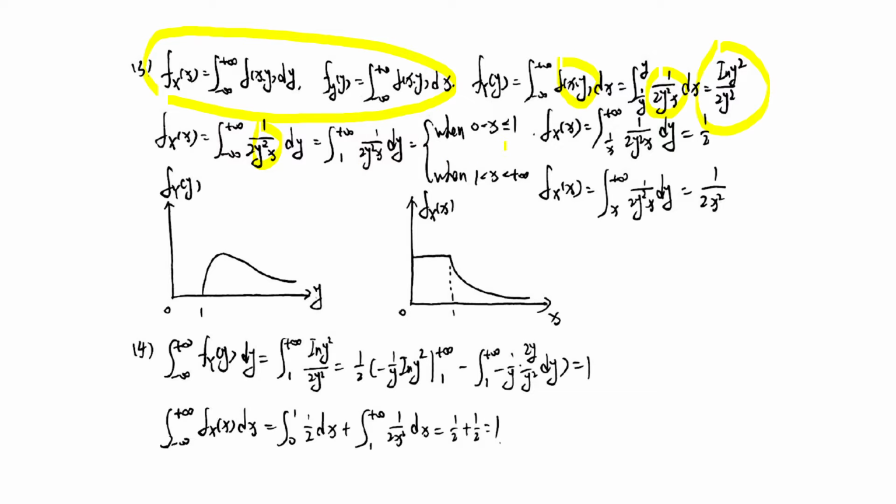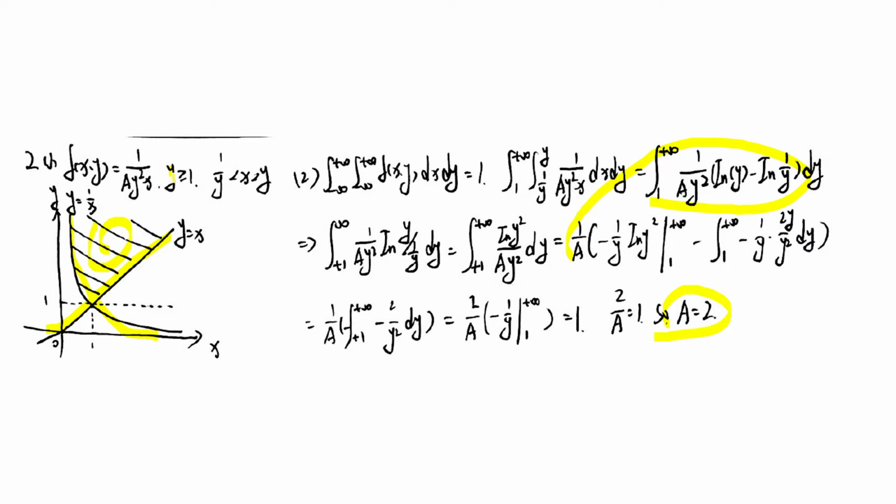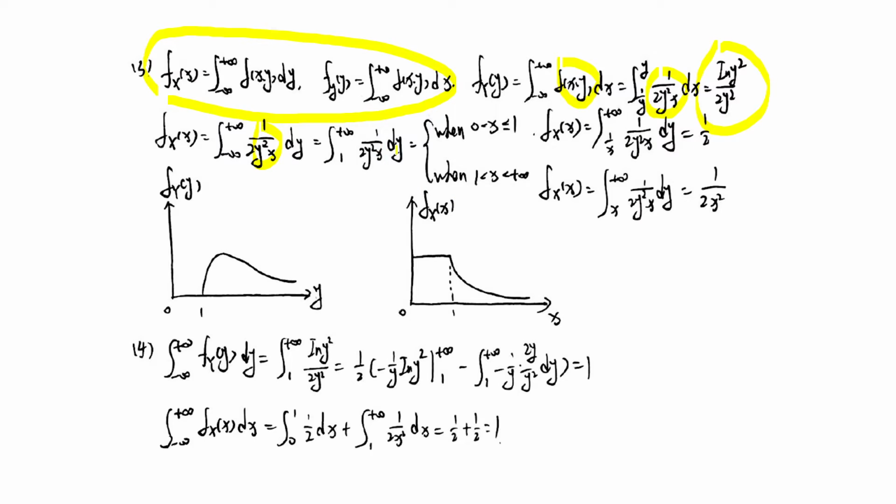We already know that with this condition here, y equal to or greater than 1, the upper limit is positive infinity and the lower limit is 1. But in different ranges of x, this integration has a different upper limit and lower limit here.